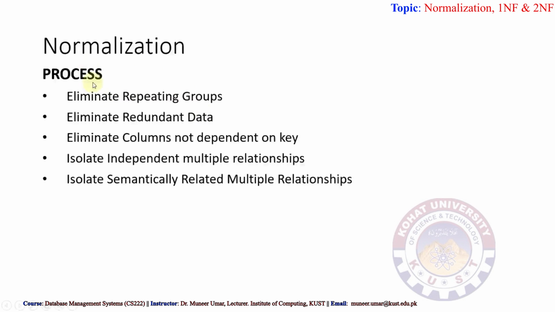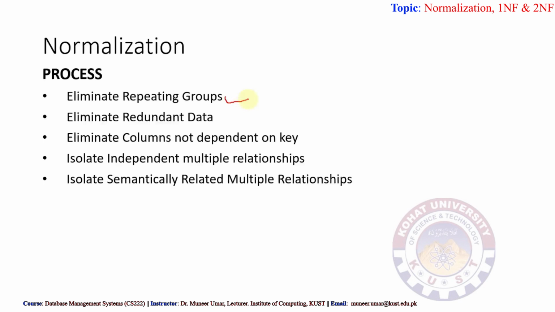Now we have the process of normalization. In normalization, what we do first is eliminate repeating groups, eliminate redundant data, then eliminate columns not dependent on the key, isolate independent multiple relationships, and the last thing is isolate semantically related multiple relationships. For the first point, we make a separate table for each set of related attributes and give each table a primary key.